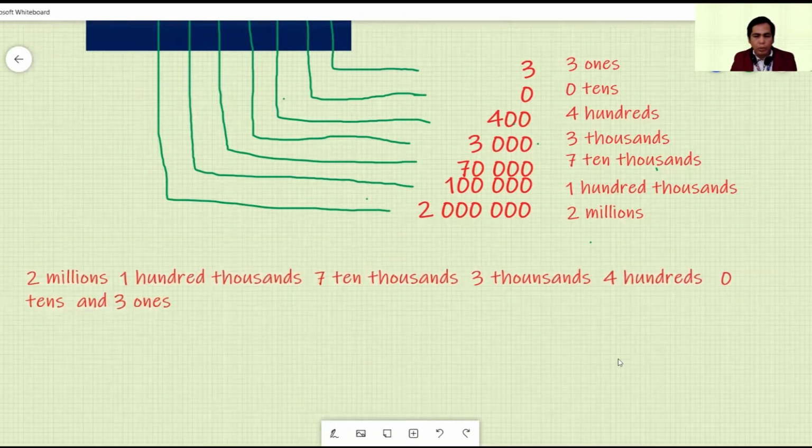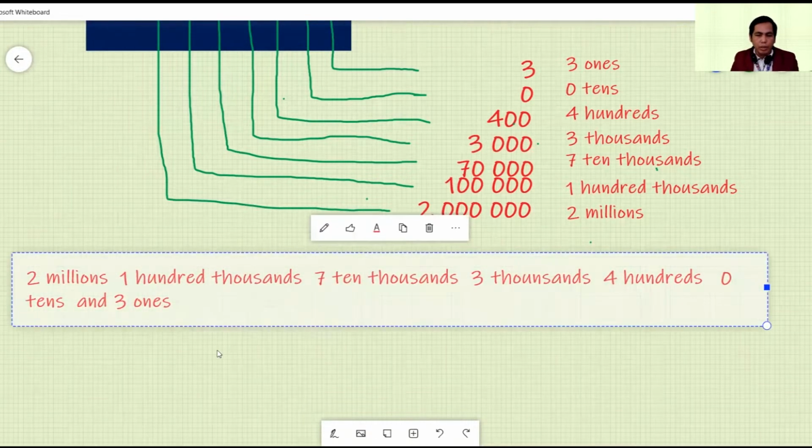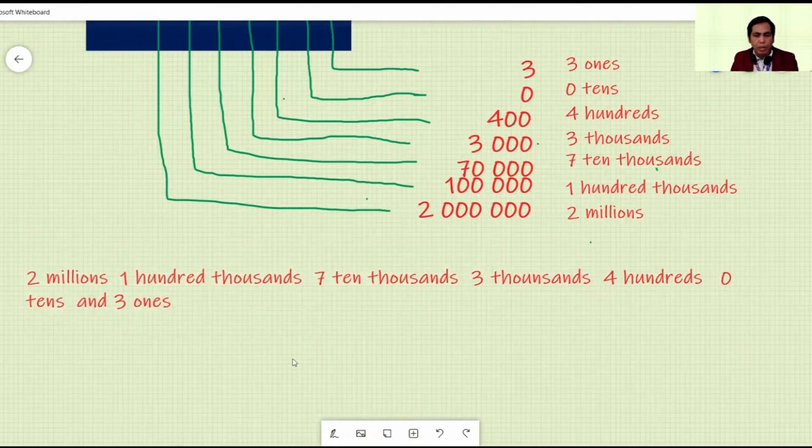So how are we going to write this in words? To write this in words, we simply start from the left by reading or writing the numeral per period. So we have to start from the millions period. So we will write 2 million.